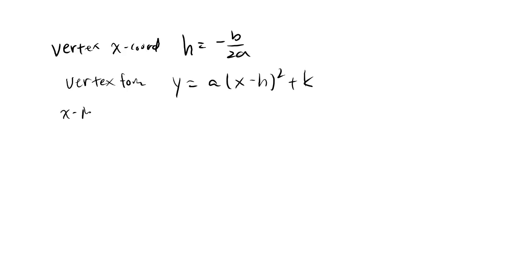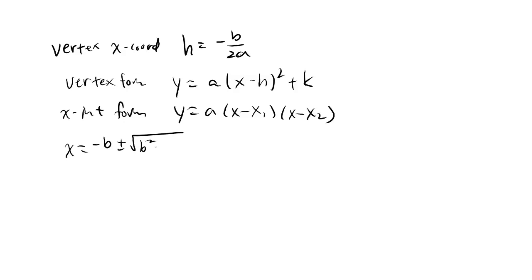The x-intercept form is y equals a times x minus x1, x minus x2. And then there's the quadratic formula. You should never forget that. x equals negative b plus or minus square root of b squared minus 4ac, over 2a. Quadratic formula.